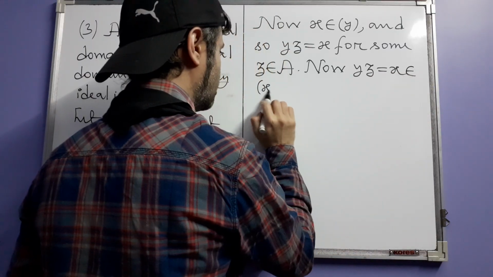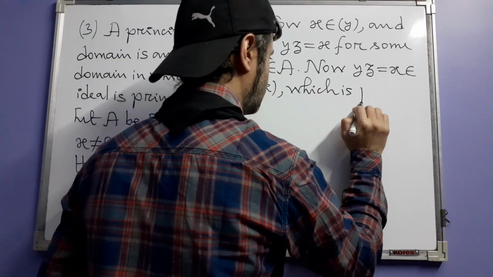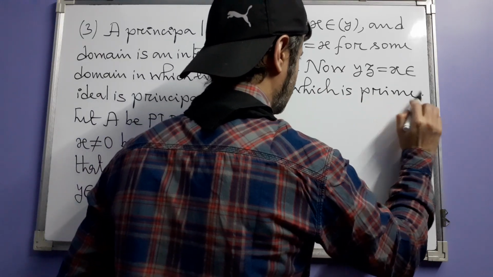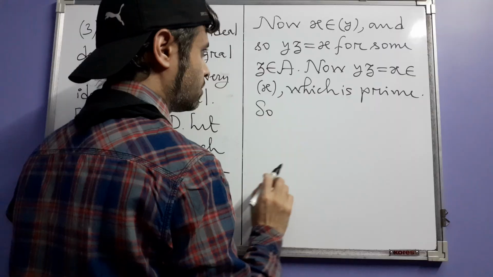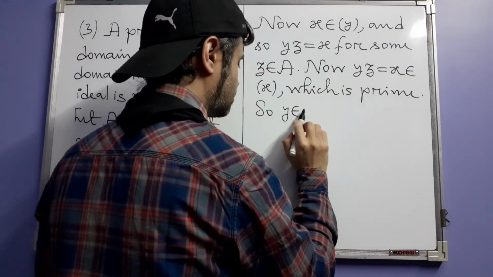This belongs to x, which is prime. So either y will belong to x or z will belong to x.